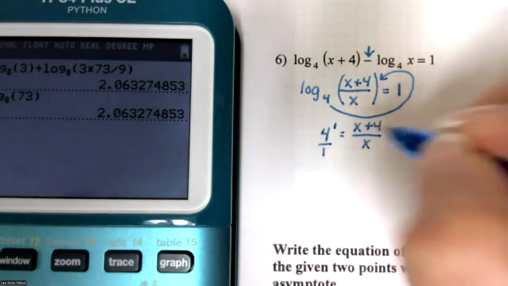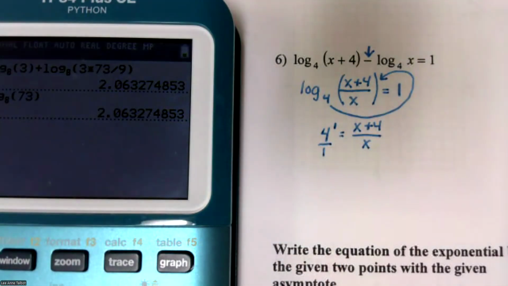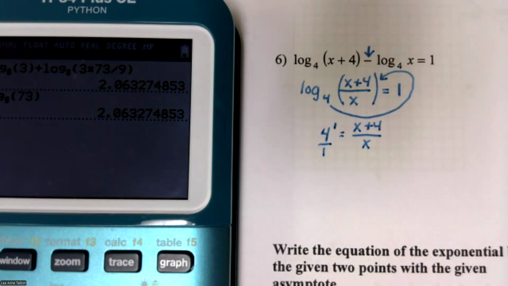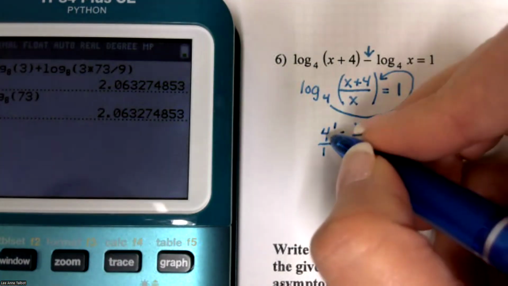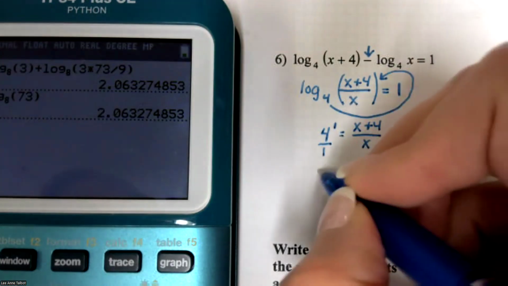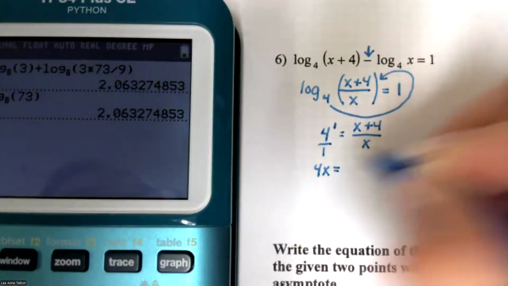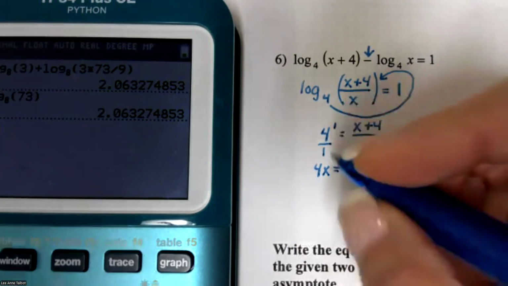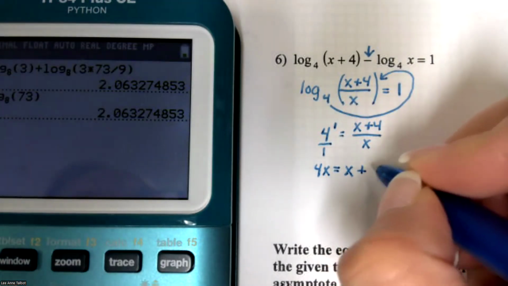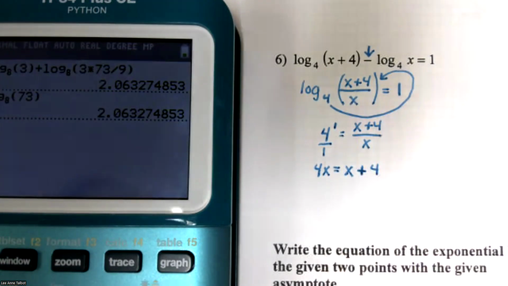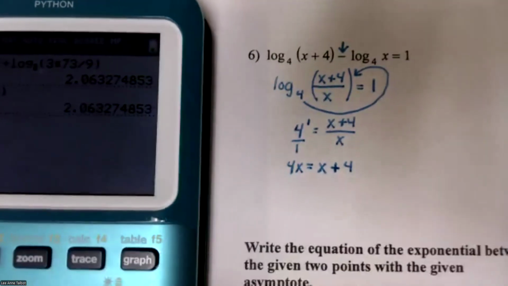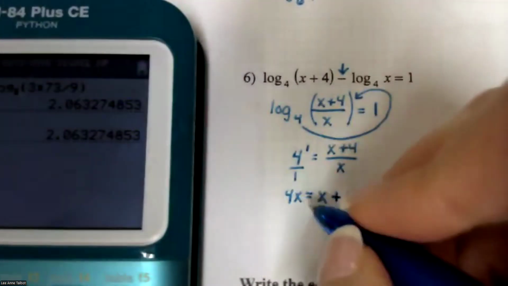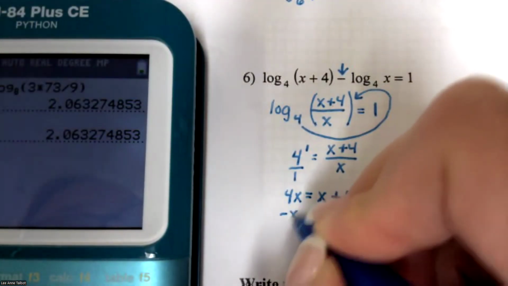I like to put the side with a whole number or anything that's just by itself over 1 and cross multiply. So 4 to the 1 is 4. 4 times x is 4x. 1 times x plus 4 is x plus 4. Minus x.